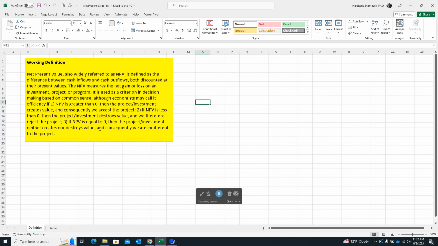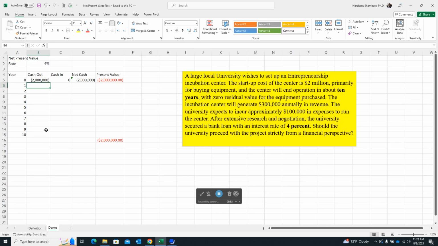That working definition is very important to have some grounding in understanding what net present value really is all about. Now back to our problem. I've already set up the framework here just to show you how much money is going to be invested in this business, and annually how much expense we are expecting.